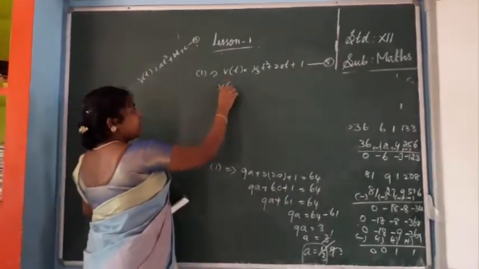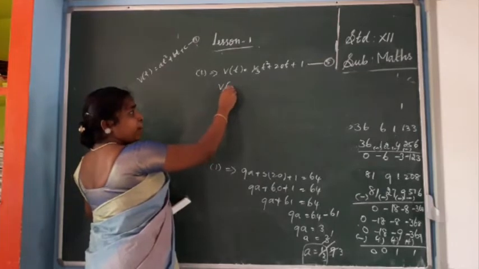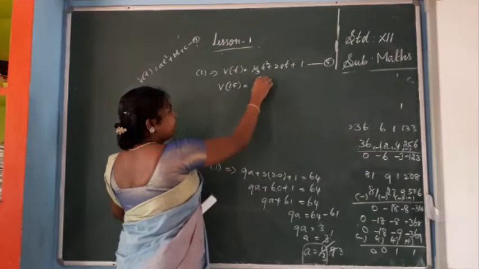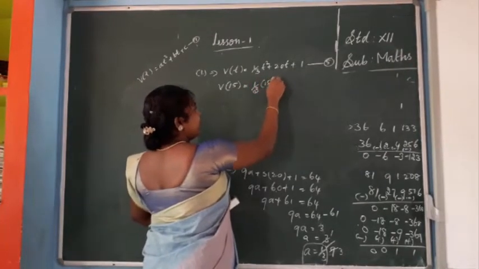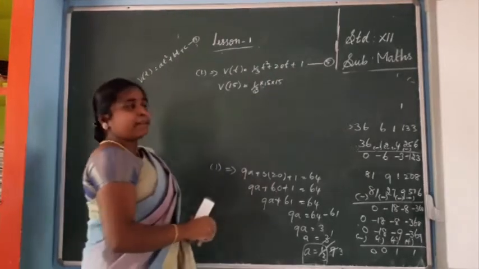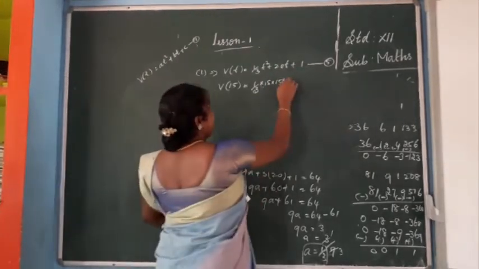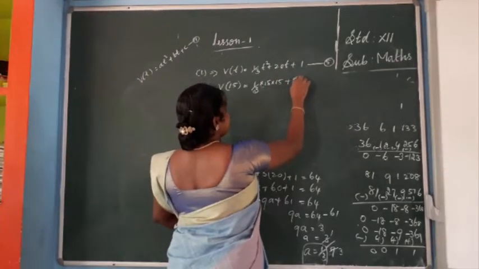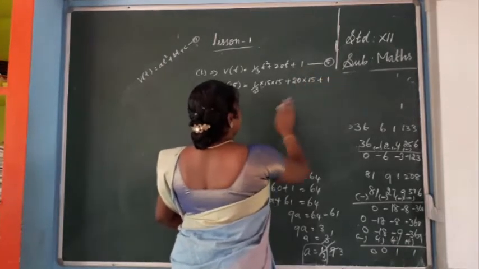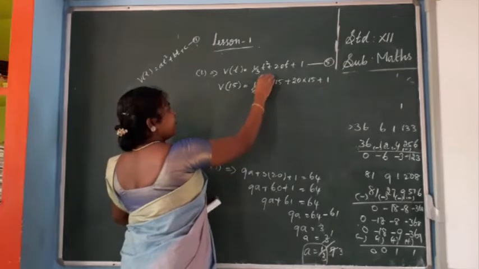In our question, we want to find b of 15. So b of 15 equal to 1 by 3 into 15 into 15, t square, 15 square means 15 into 15, plus 20 t, so 20 into t value 15, plus 1. Here 1 3 is 3, 5 3s are 15.